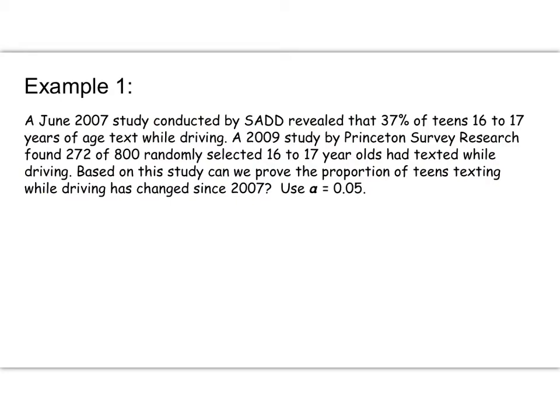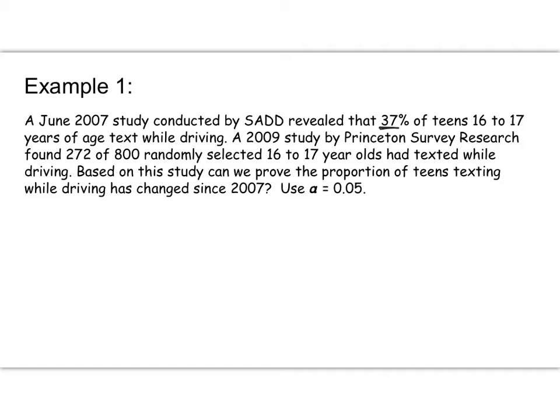Hopefully this will make more sense when we go through an actual example. Our first example is: a June 2007 study conducted by SADD revealed that 37% of teens 16 to 17 years of age text while driving. So that's the claim.